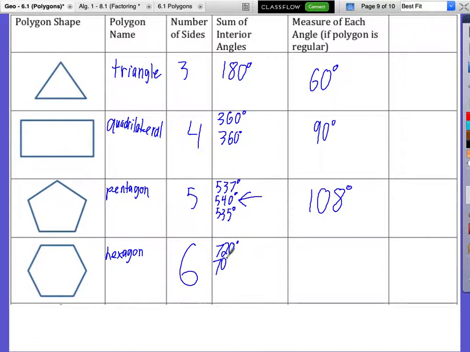So, are these pretty close? Could we attribute that to some human error potentially? I would agree with the 720. I think that one's our measurement one. So what would that make each angle, if it's regular, if all the angles are the same, equiangular? 120. Excuse me, I was looking at the wrong one.